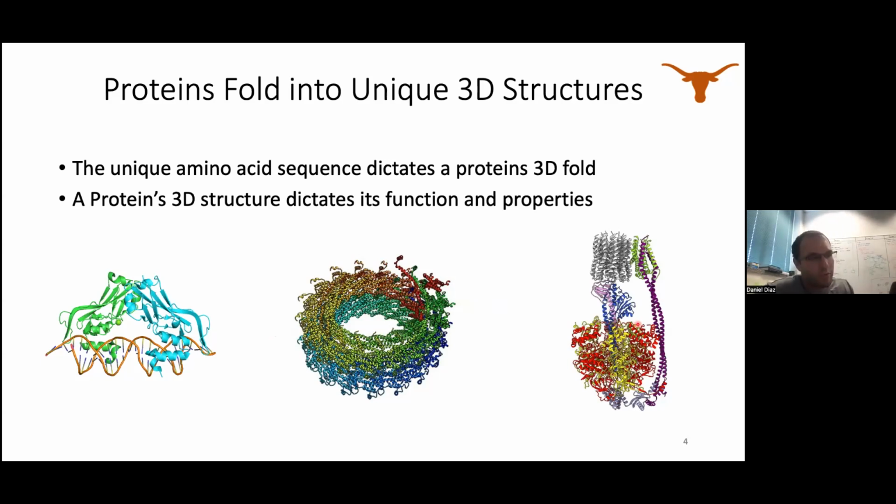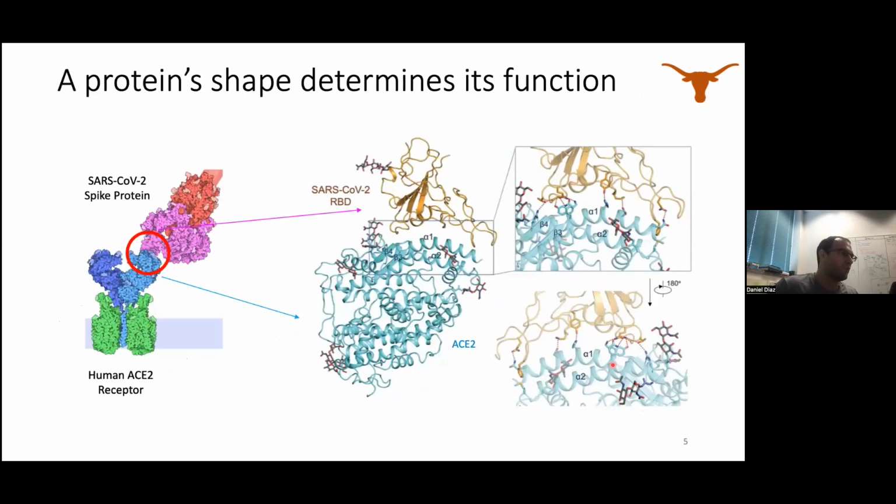And on the right here, we've got ATP synthase, kind of the reason why all of us breathe oxygen, right? It actually spins to generate ATP. So the main point here is that it's all in the 3D shape that a protein has its function. And just to hammer this point home a little bit, here is a protein with a unique 3D shape that impacted all of our lives these last 2 years.